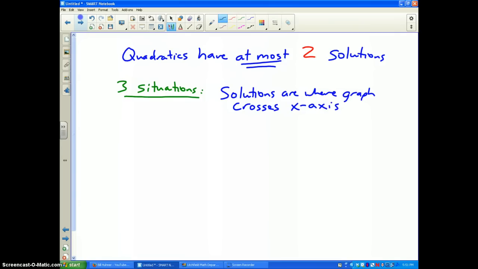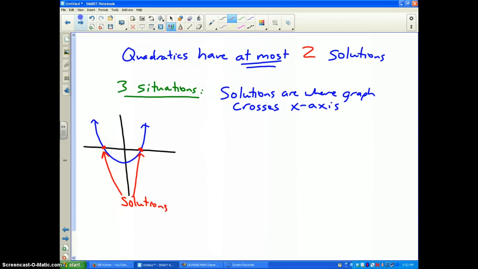So, the first case and most popular scenario is when you have a quadratic parabola that crosses the x-axis in 2 spots. The red dots are the solutions, and there are 2 of them.